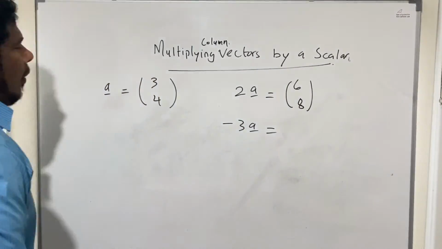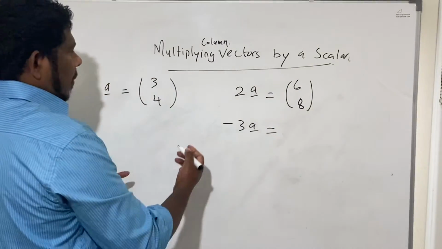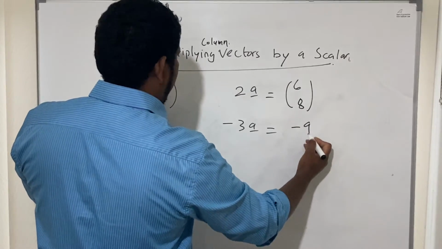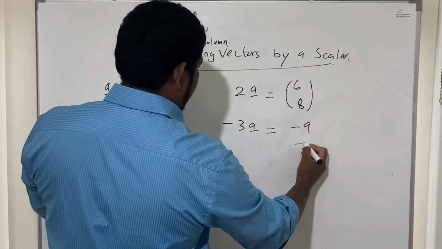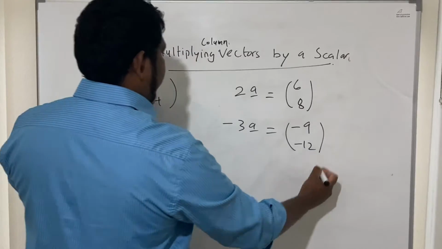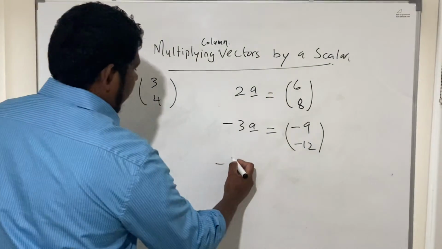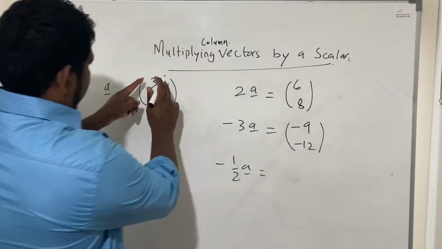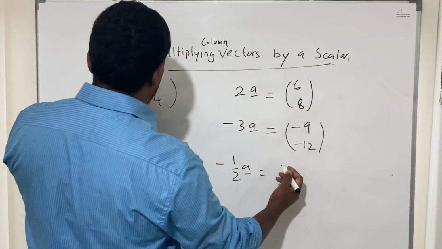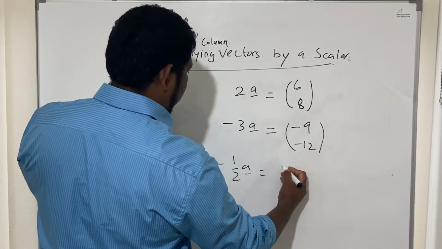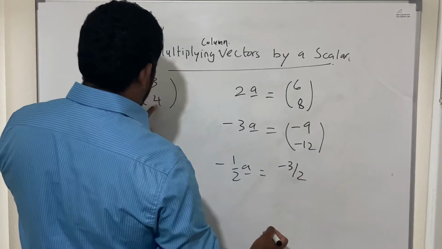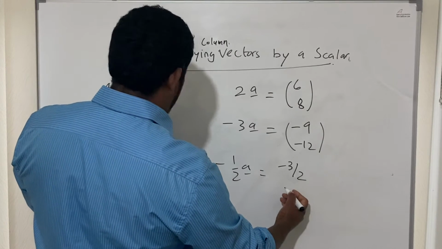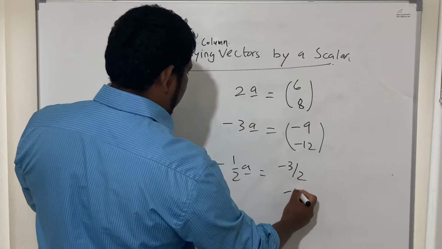In a similar way, we multiply this vector by -3, so it's going to be -9 on the top and -12 on the bottom. And what about -1/2 A? So -1/2 multiplied by 3 is going to be -3/2, and 4 multiplied by -1/2 is going to be -2.